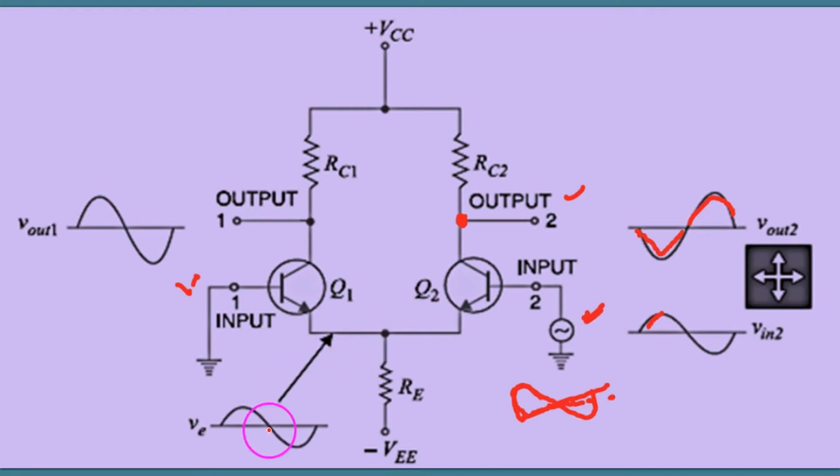Now it is appearing at the emitter, the base is grounded, the input signal is at the emitter, then it acts as common base configuration. So the output appears here of the same shape as that of the input, exactly the same shape, no change, and also amplified.